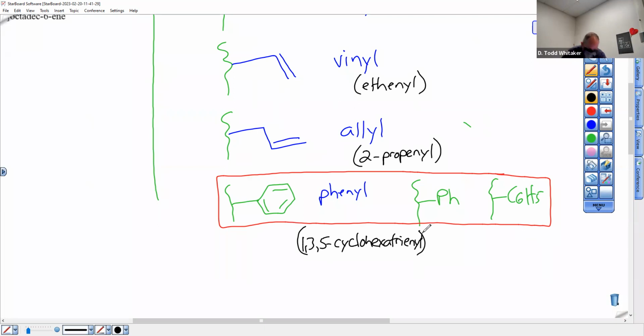No chemist has ever used that short form for phenyl. It's not a short form, that's why. It's very long, okay? But it fits everything, right? There's carbon 1, right? 3, 5. They all have double bonds. There's your triene, cyclohex. Okay, don't use that, please.